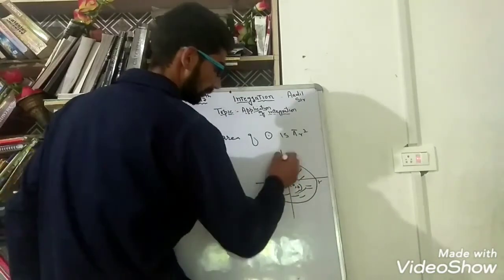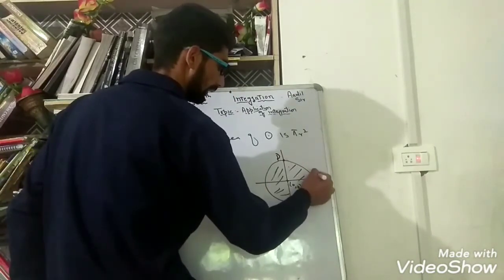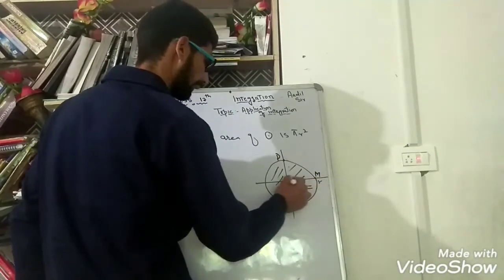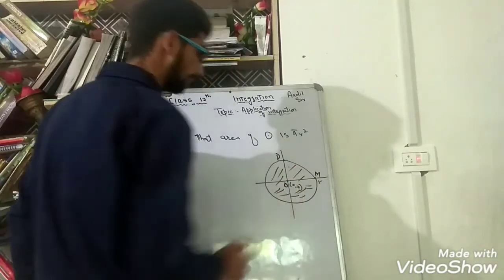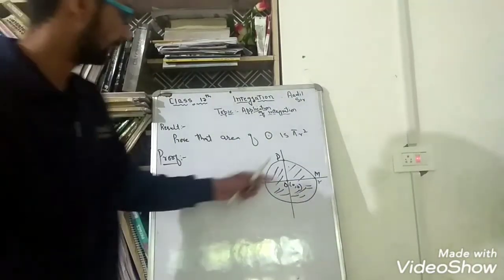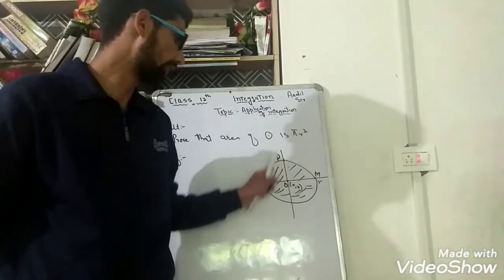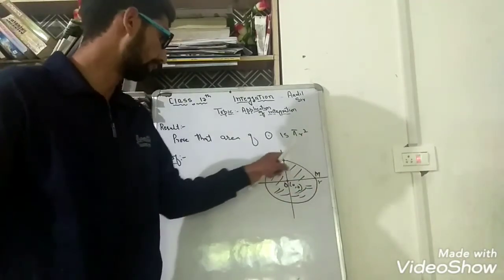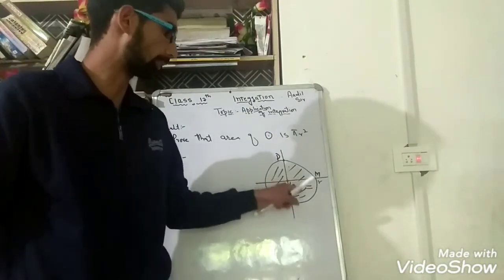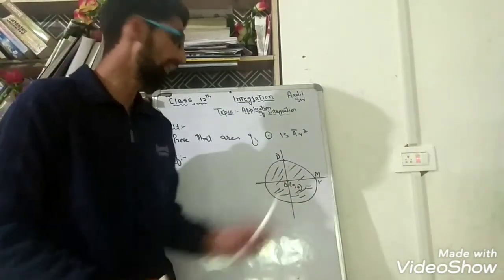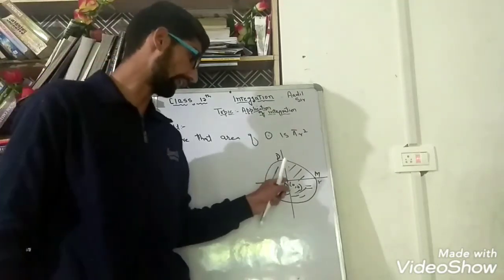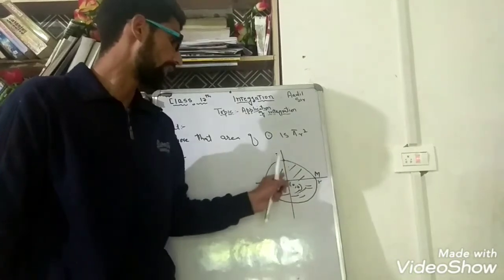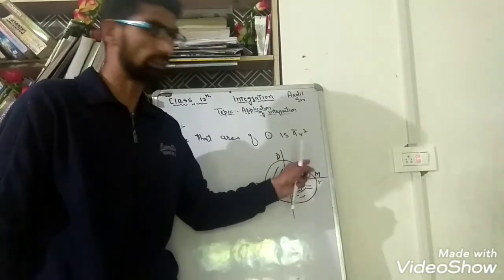You take this point as P, this one as M, this value here is R, and you take this as O. You check here. Clearly, the area of this circle is equal to the area of this part POM, and this part, and this part, and this part. But we know that all these parts are equal. Why? Because we have the center at the origin, and in a circle the distance from the origin to the boundary is always the same.